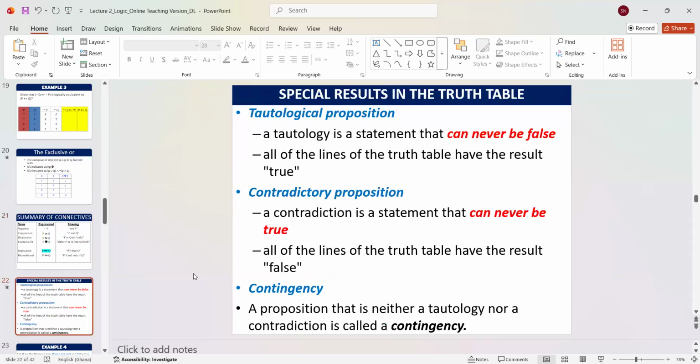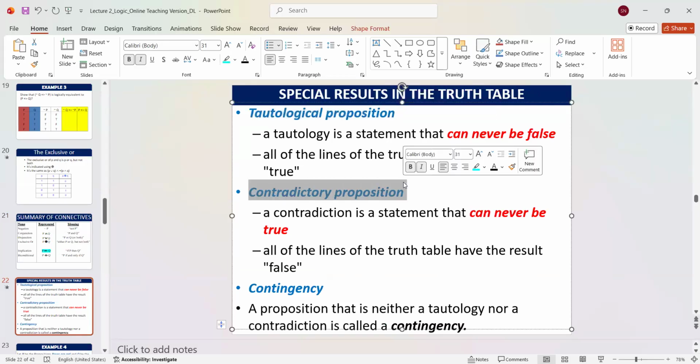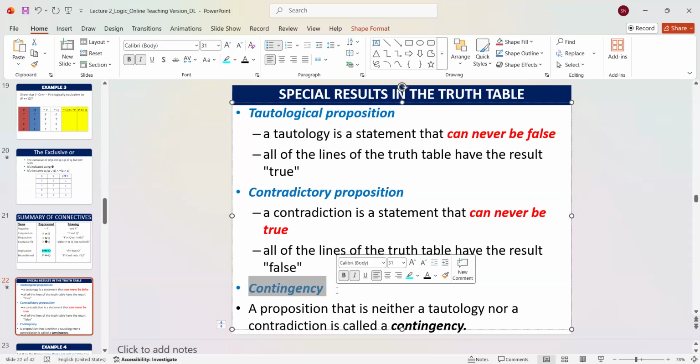So last week we realized that when these connectives or logical statements are joined together and you draw the truth table, you can form a tautology, that is a statement that is always true, or you can form a contradiction, that is a statement that is always false, or you can form a contingency, that is a statement that is a combination of both true and false.